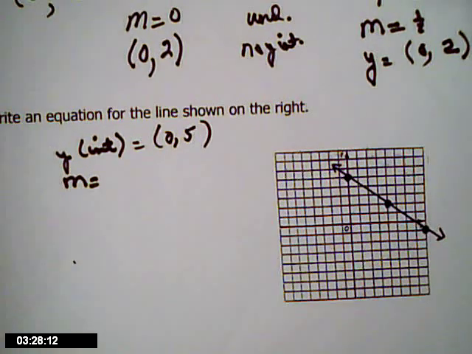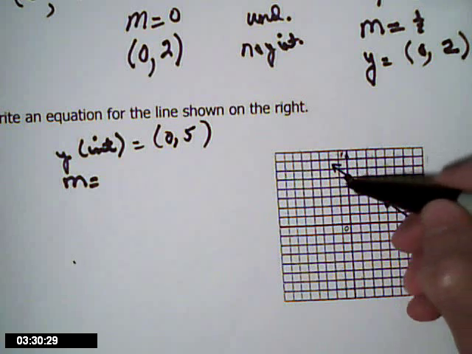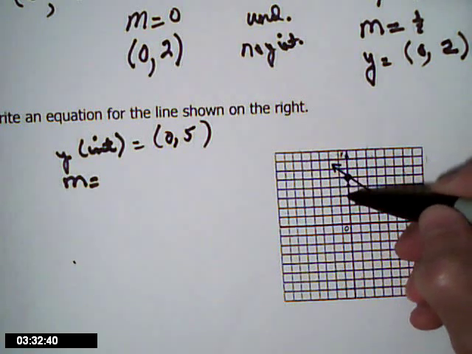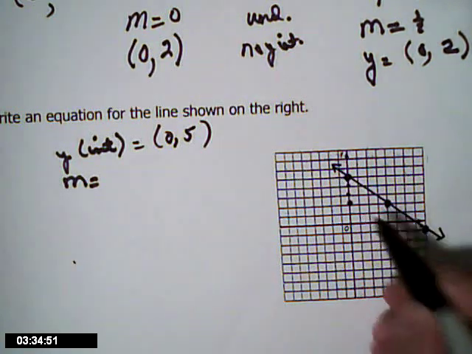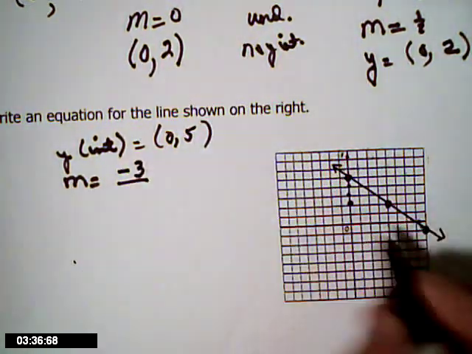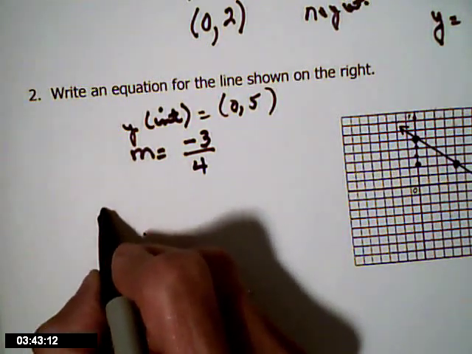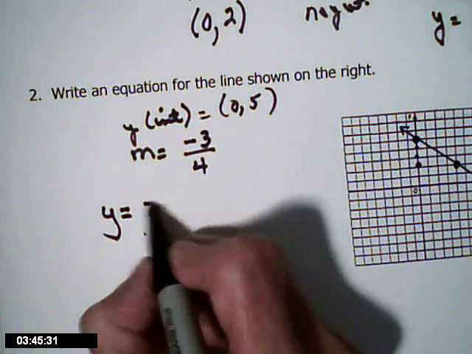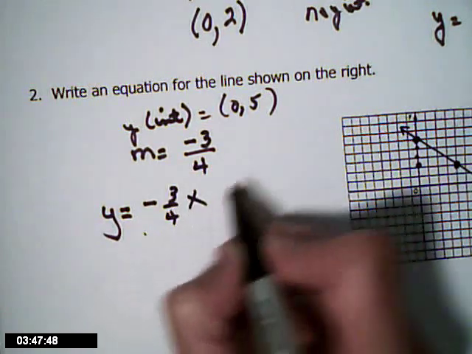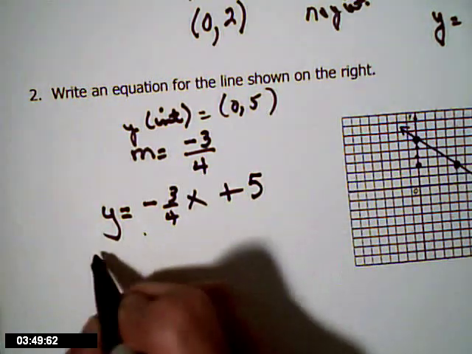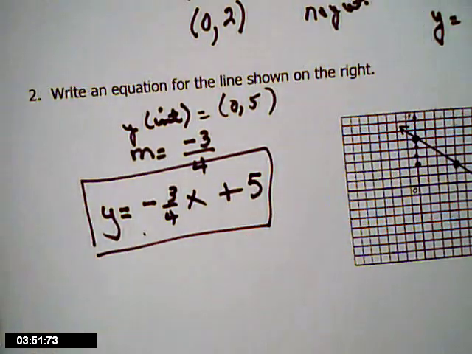Now, counting the slope, remember rise over run, I'm going to count down 1, 2, 3, and that's the negative direction, and to the right 1, 2, 3, 4, positive direction. So if I need my equation, I'll have y equals mx plus b, and there's my equation for that line.